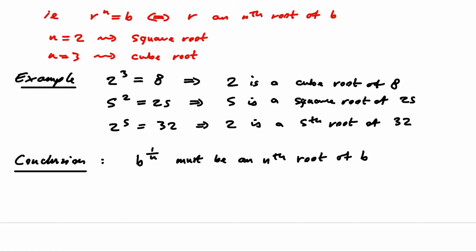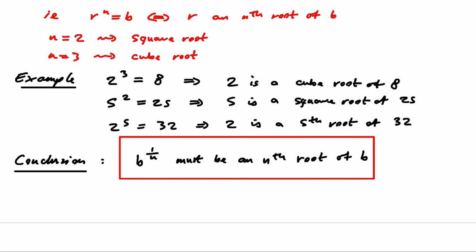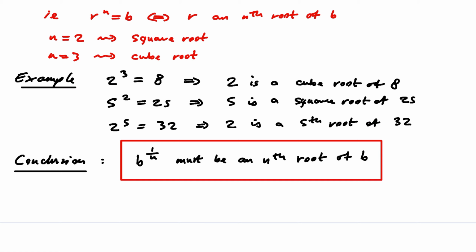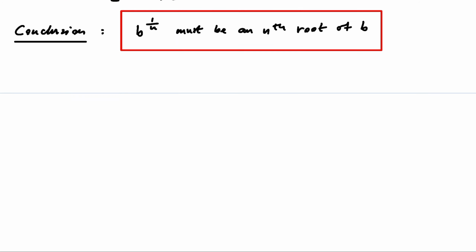That's really what we're saying here. So the question is, what about nth roots? Can we find nth roots? Are there any thorny problems? Well, yes, there are some pretty serious problems.